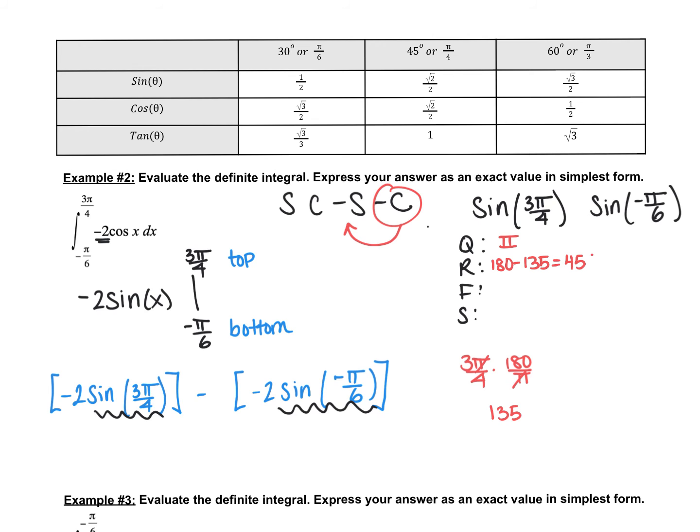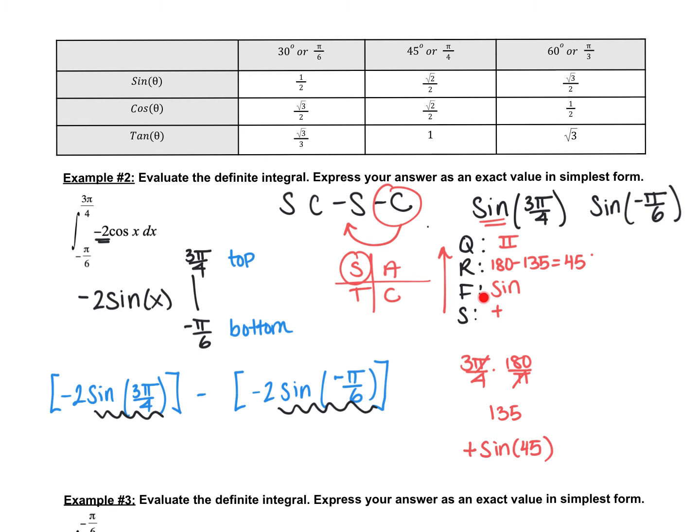The function that we're dealing with here is sine. And if we remember, all students take calc. Since we're in quadrant 2, sine is the only thing that's positive, so we read this from the bottom up. So it's equivalent to positive sine of 45 degrees.